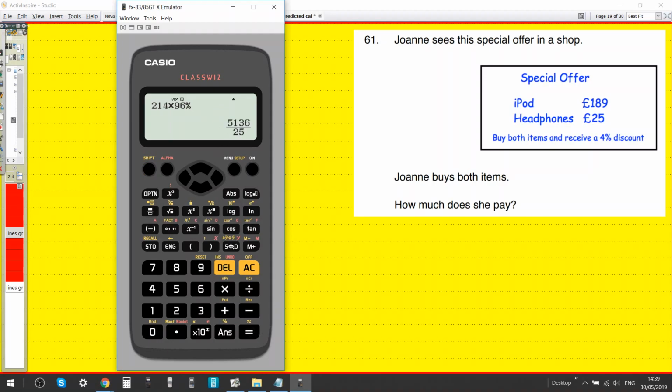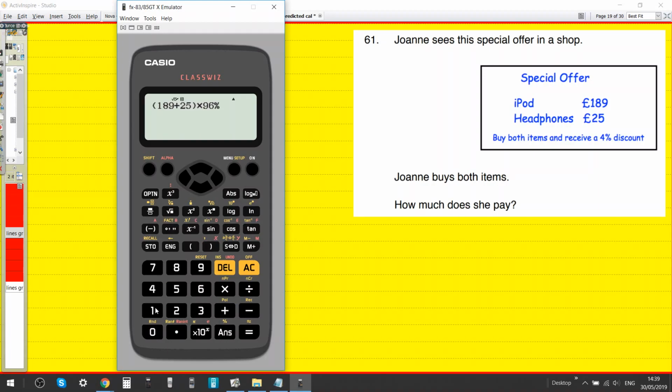Right. So the price, so 214 times 96%. And 96% is the same as 0.96 if that's a bit more normal. Plus 25. Right.